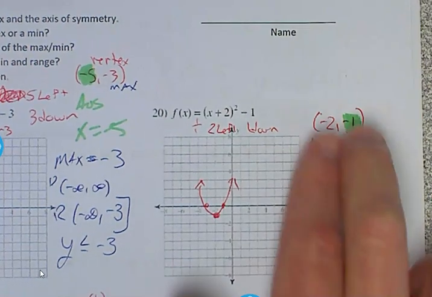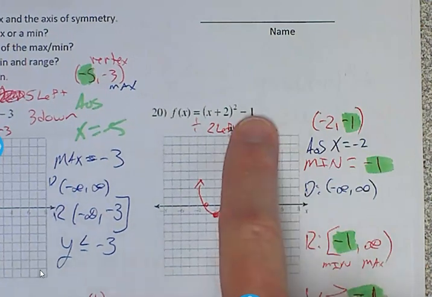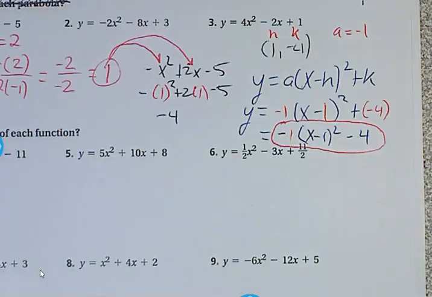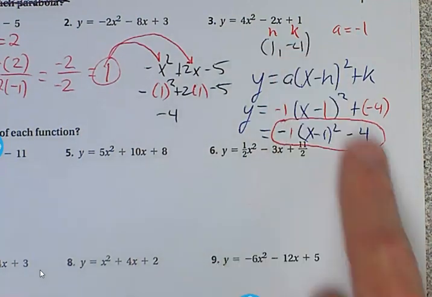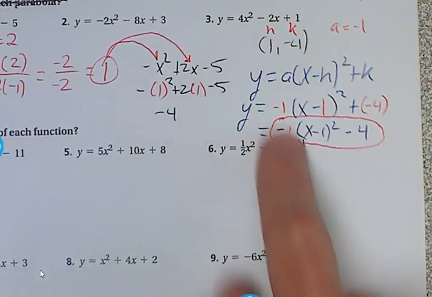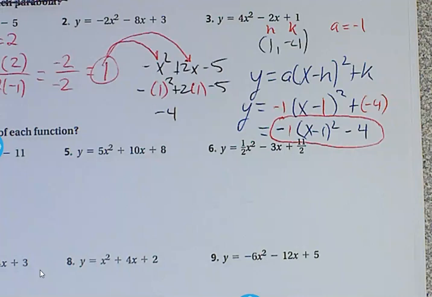Once you know these two numbers, you know what number goes on the inside and what number goes on the outside. So if this was a positive 1, we changed it to a negative 1. The negative 4 stays the same, and then really the only thing you need to do is punch that number in here. That's probably an easier way of doing that one, instead of working through everything.